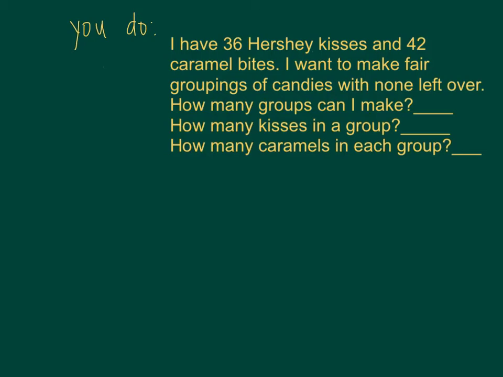Okay, so now you have hopefully gotten to an answer, or gotten as far as you can, and let's see how you did. Again, when you're grouping things into fair groupings and you don't want to have any left over, you would use the GCF tool. So we're going to use our upside down division, our magic ladder.